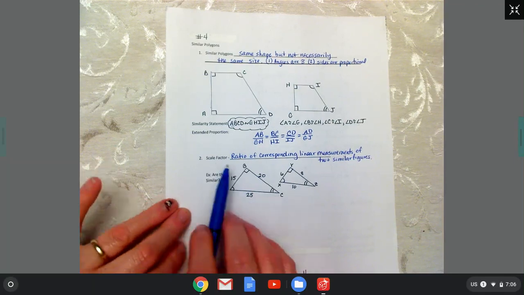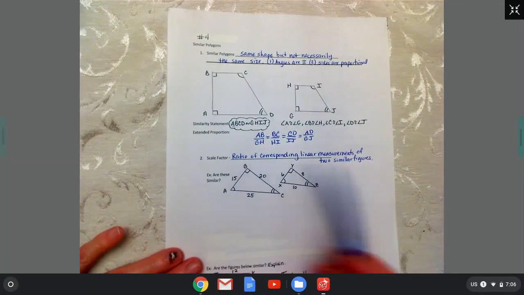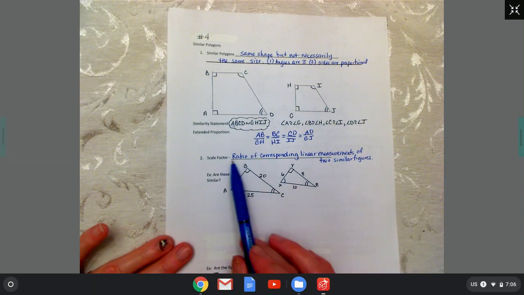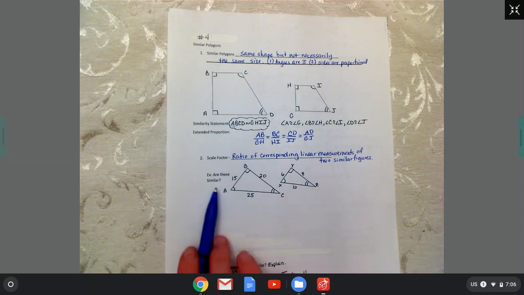All right, so once we decide if we are looking at similar polygons, then we can write a statement and give a scale factor. Okay, so first, are these similar?